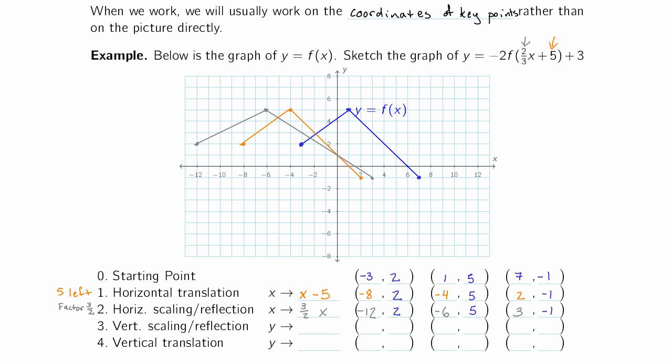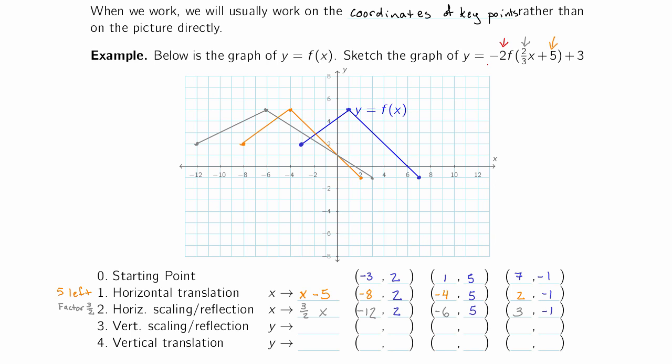Next, we want to take on vertical scaling and reflection. So we're going to look at the number that f is multiplied by. We're moving from horizontal to vertical now. We applied f, and now we're moving on to the vertical. So here we're multiplying by negative 2.